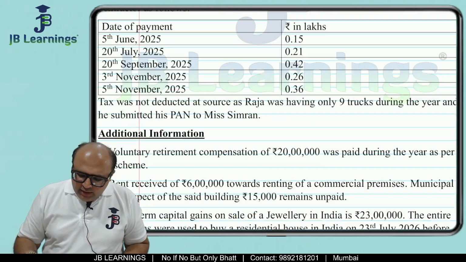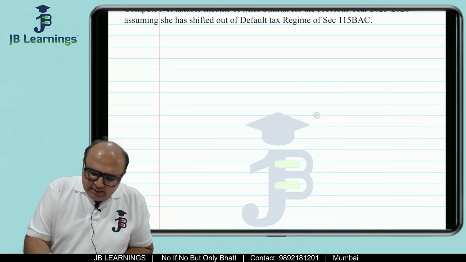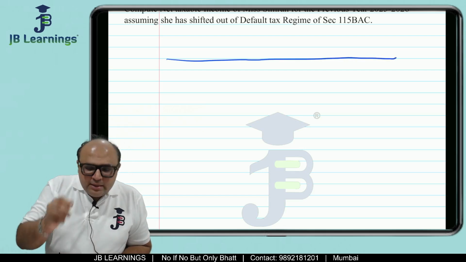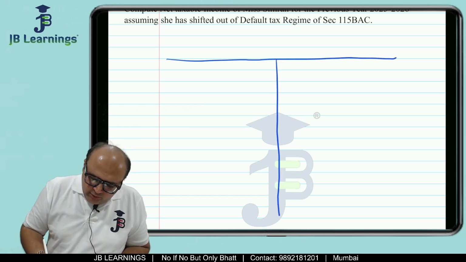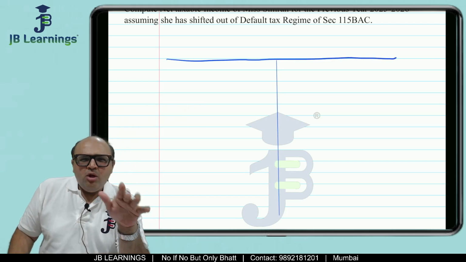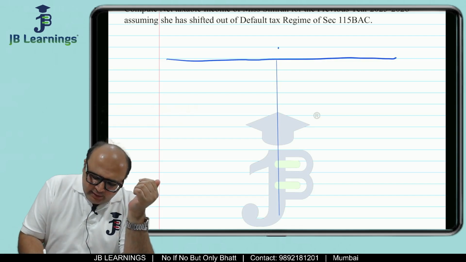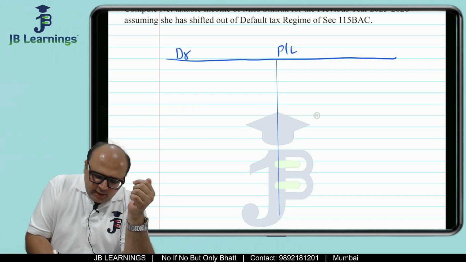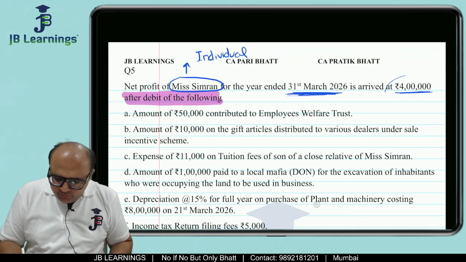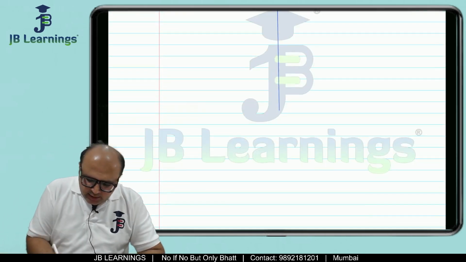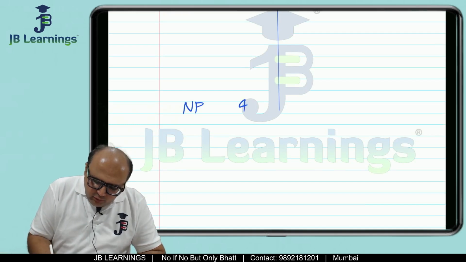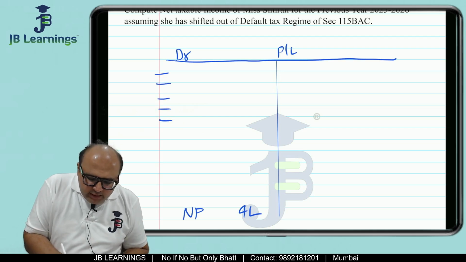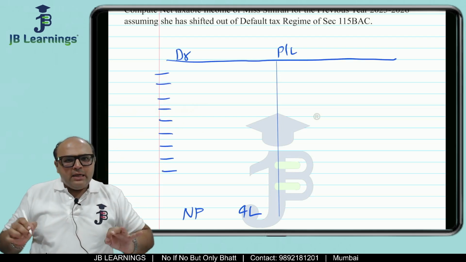Whenever you are doing after debits, what they are trying to say is, if I want to convert this entire question into T form, obviously you don't have to do this in your examination, only for explanation, when they say after the following debits, they are trying to say that the net profit is 4 lakhs after debiting the following. So now all the adjustments from A to I are debited.